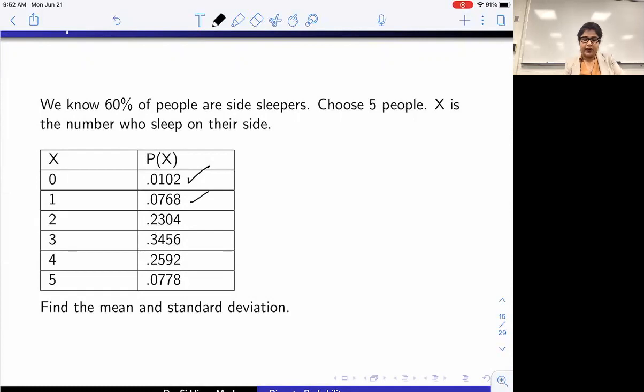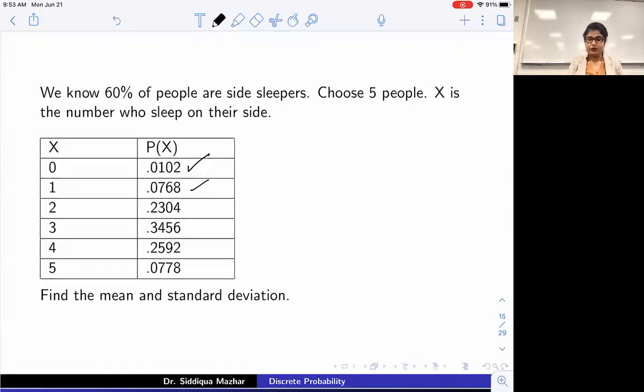So if I have to find the mean and standard deviation for this probability distribution, it means on average, how many people are sleeping on their sides. And the same for the standard deviation. For the mean, you will find x times P(x).